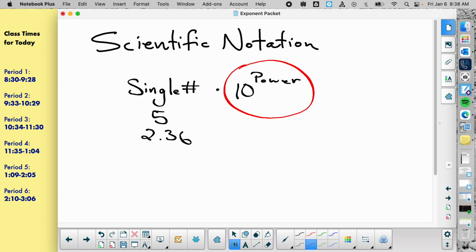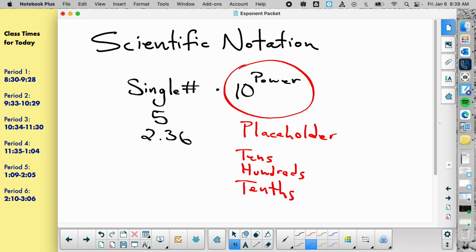This 10 to the power part is like the placeholder. If you guys kind of remember what that is, that's like tens, hundreds, you could have tenths, like decimals. This portion at the end is just telling you what type of number it is. So these are just examples.